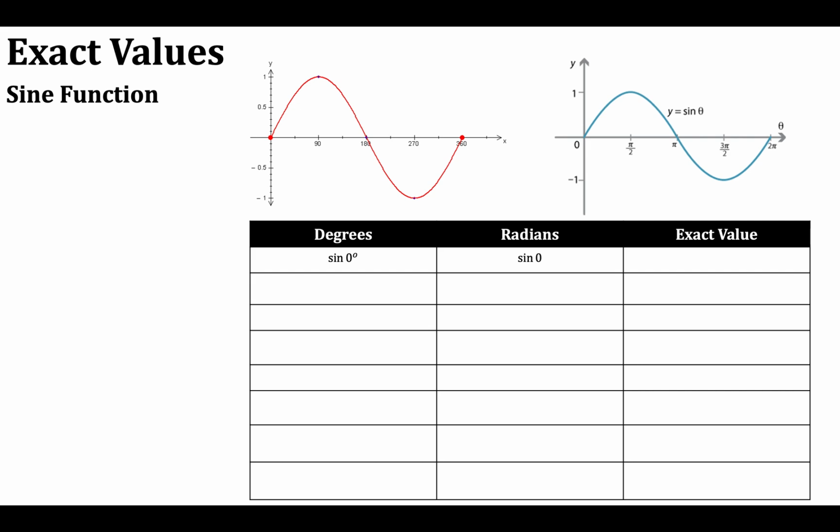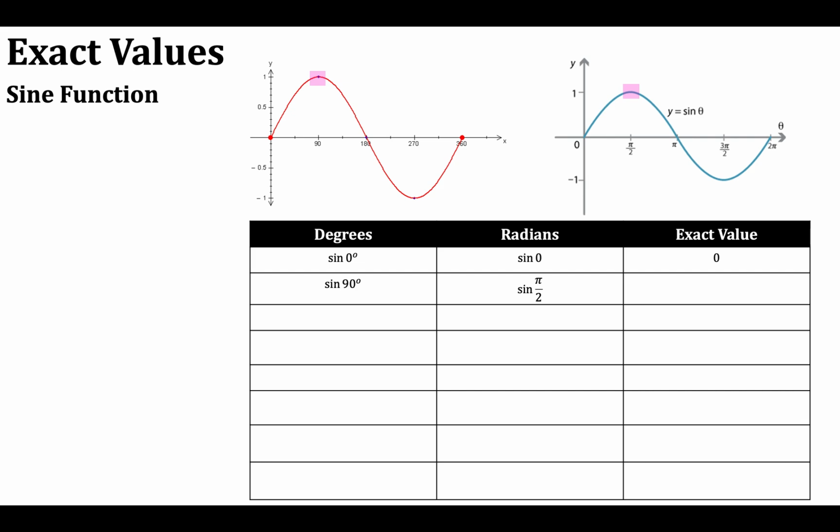So if we look at this graph and we want to find the value of sine 0 degrees, or sine 0 radians, that's where the x value, or the theta value as it is in the radians graph, is 0. So what height is the graph when x is 0? And we can see on the y-axis that is also 0. Now look at 90 degrees, or pi over 2.